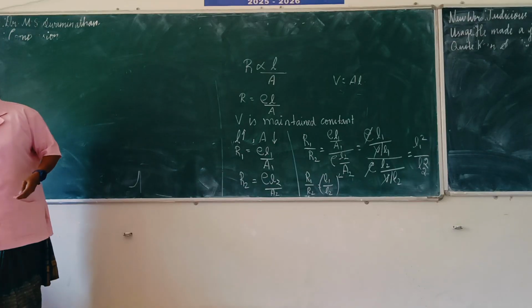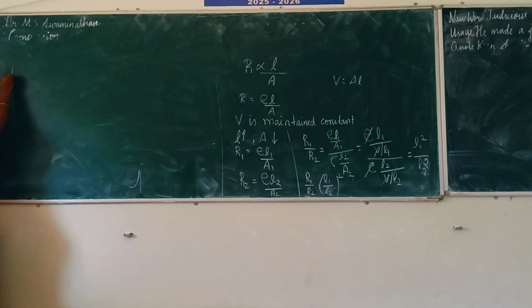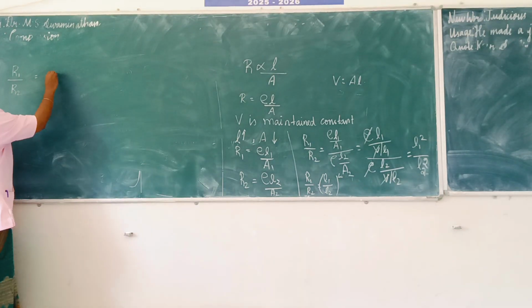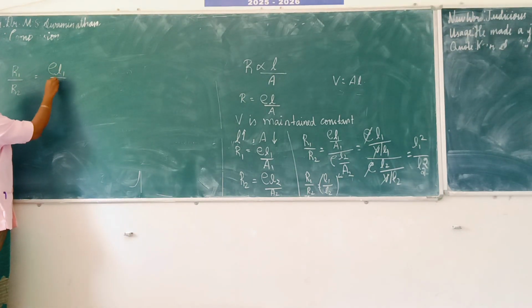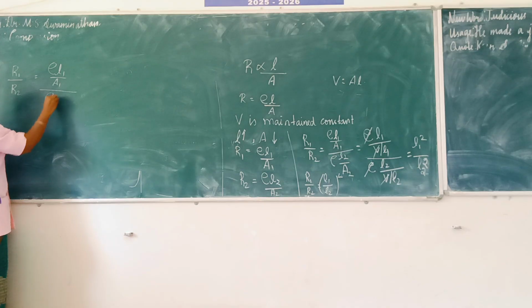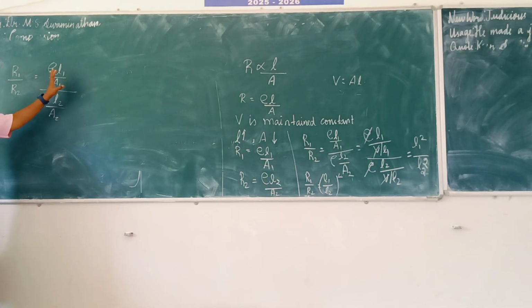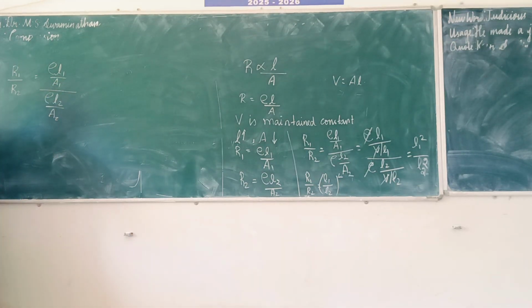So R1 by R2 equals rho L1 by A1 divided by rho L2 by A2. We know only A1 and A2. How can we rewrite this equation?